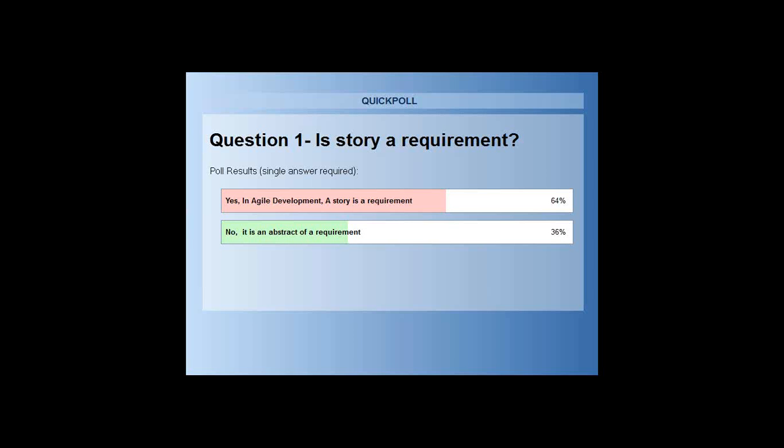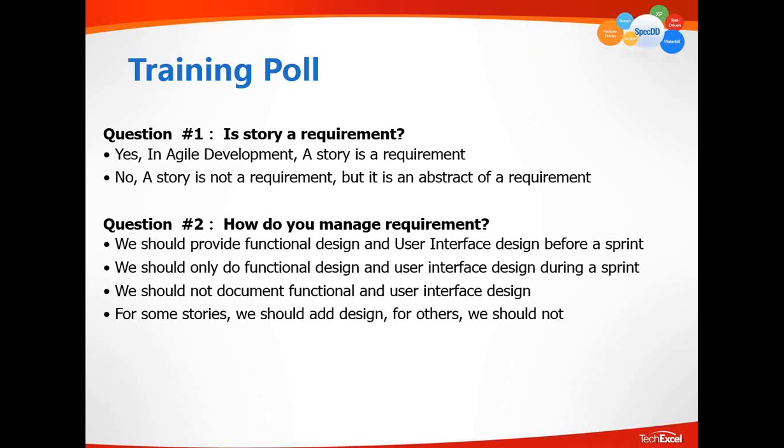Therefore, you should catch up and improve your functional design. And it's absolutely true that for some of the stories, you don't add design at all, and for others, you do. And actually, a Scrum process emphasizes that requirements change so often, so managing such requirement documents is not as effective as taking a story just as an abstract.